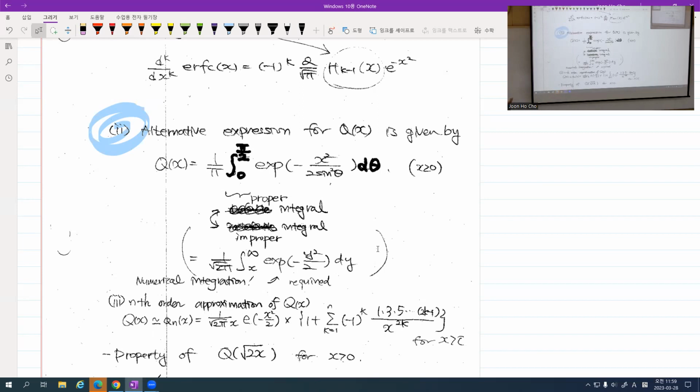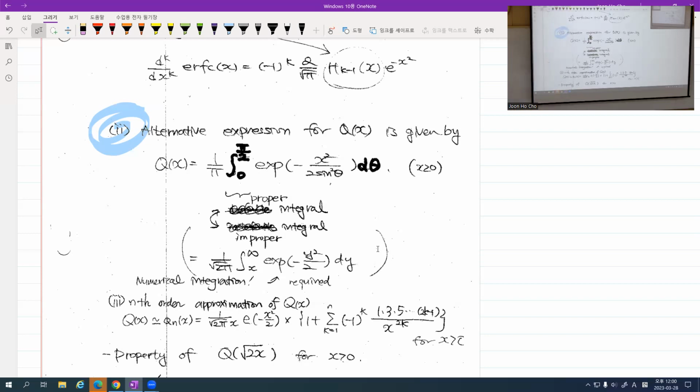Got it? The second thing is more interesting. As I told you, in communications and signal processing, we often assume the interference or noise is well modeled by a Gaussian random variable. But we have many random variables, so sometimes we need to integrate some function that involves Q of x.